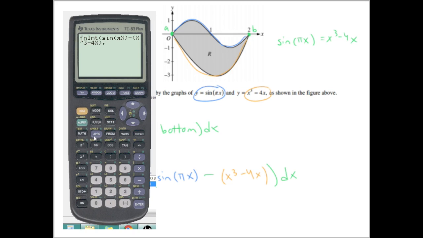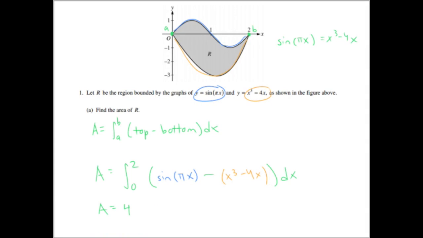Then you put in a comma, and then x, that's the variable of integration, and then another comma and the first limit, which is a, and we said that was 0, then a comma, the second limit, which is b, and that's 2. You finish that with the parenthesis and hit enter. And we get 4. So the area of R, the shaded region, is equal to 4.